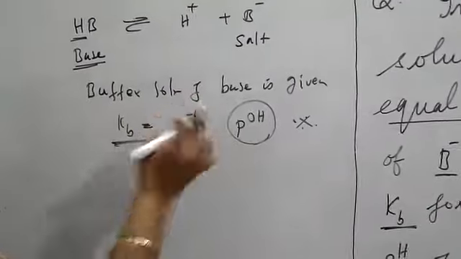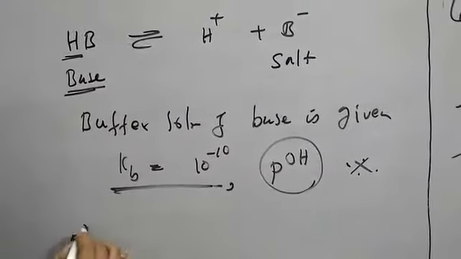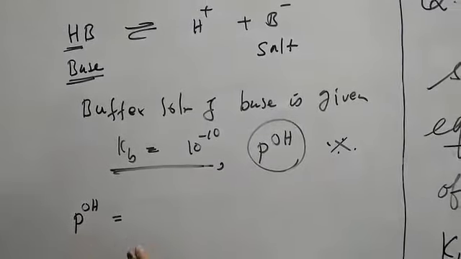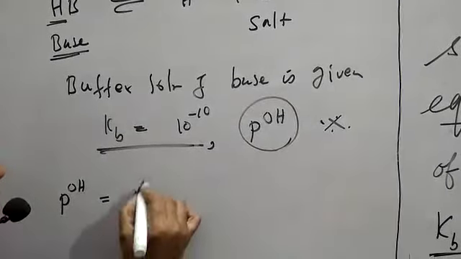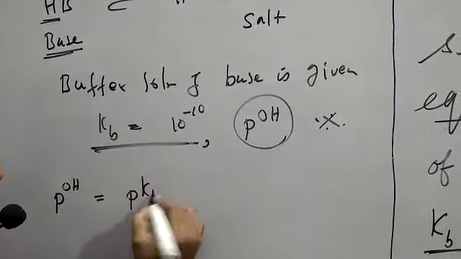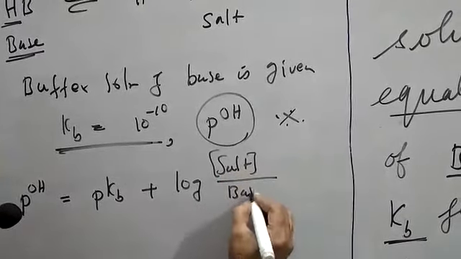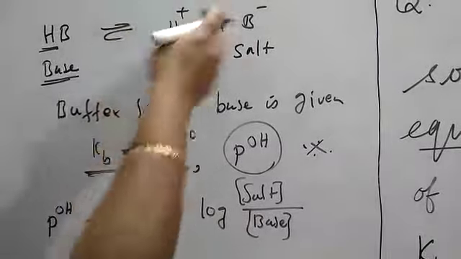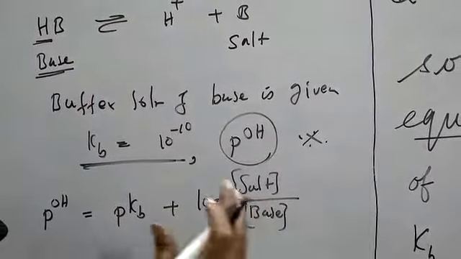Once you are clear here, the remaining part is very simple. Write your Henderson equation. pOH is equal to pKb plus log of concentration of salt divided by concentration of the base. Don't write product by reactant because it is Henderson.